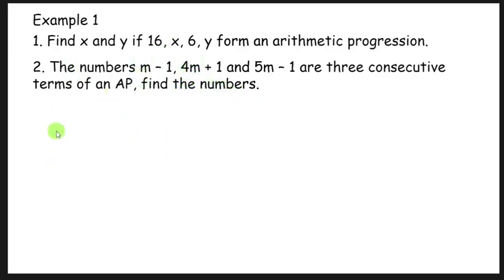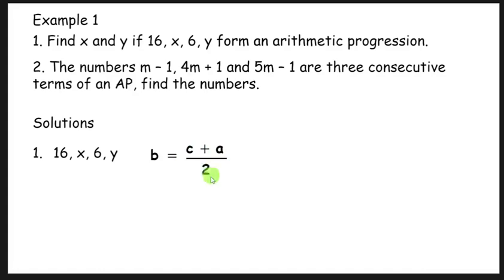So let's start by answering number 1. This is the arithmetic progression given, and we are being asked to find x and y. We are going to use the concept of the arithmetic mean: b is equal to c plus a over 2 for 3 consecutive terms of an arithmetic progression.